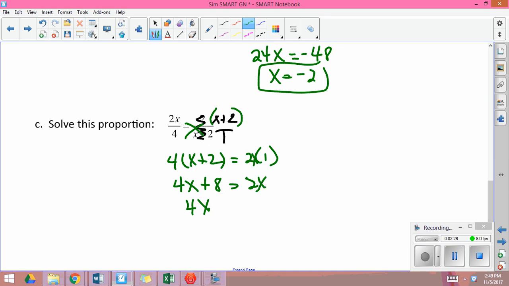I'll back up. 8 is equal to negative 2x. If I subtract 4x from both sides, because I forgot to write my x right there, now I'm going to divide by negative 2. Remember, I always want to get x alone, even if it means I have to divide back to the left. x is negative 4.